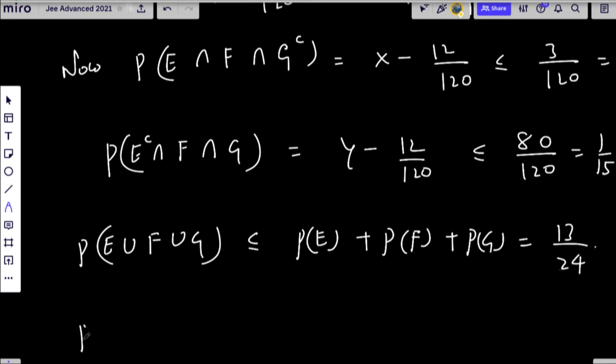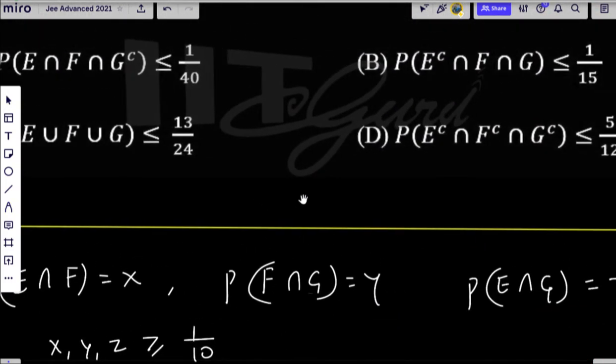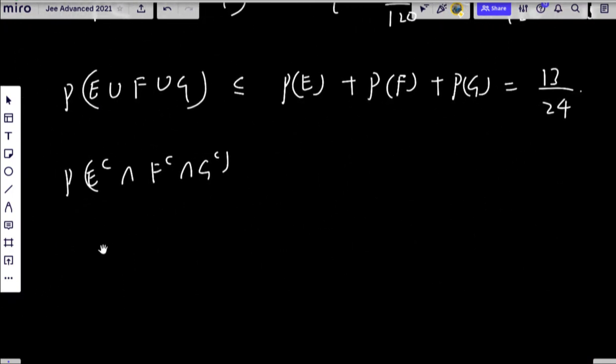So what we say here, probability of E complementary intersection F complementary intersection G complementary. This one for this part. We have to find E complementary, F complementary, G complementary. That is equal to 1 minus probability of E union F union G. This is called De Morgan's law, which is very important for IIT JEE, this is a favorite of JEE.